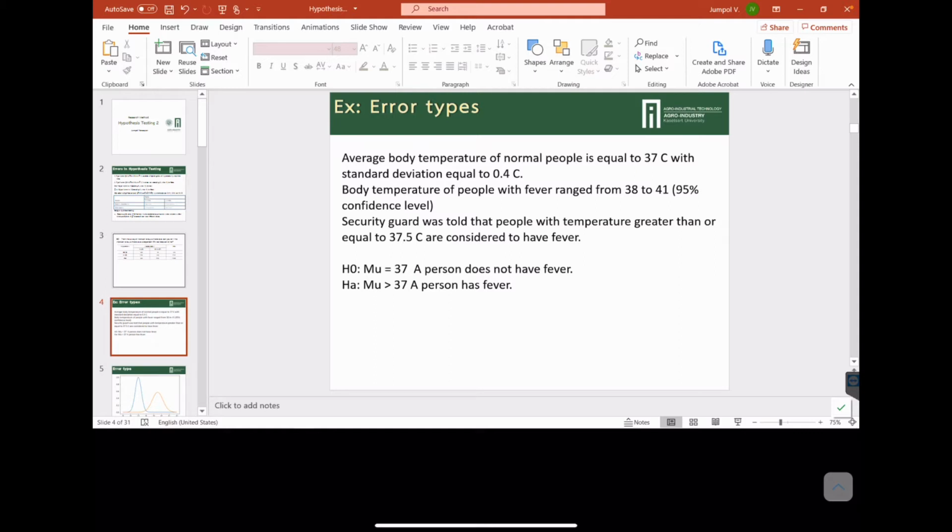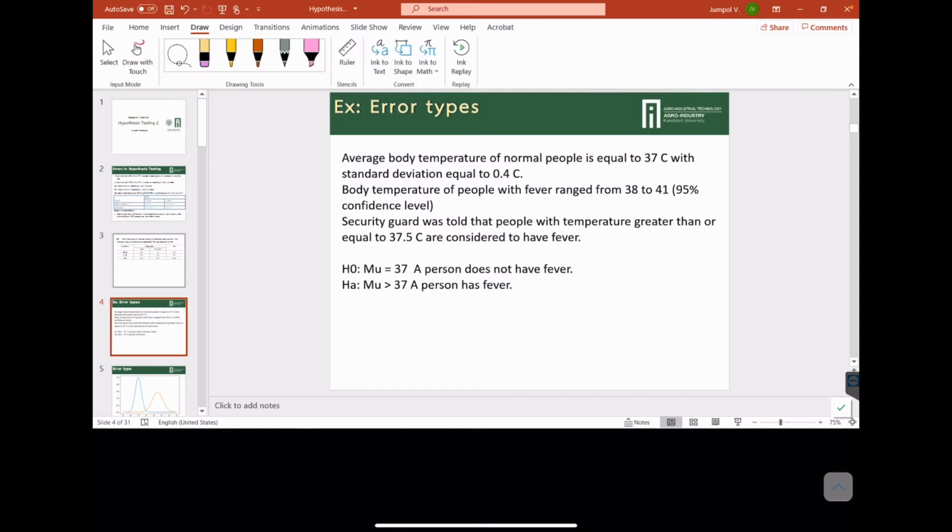So the null hypothesis is mu equal to 37, and we can conclude that person doesn't have fever, and the alternative hypothesis is mu is greater than 37 and the person has fever.